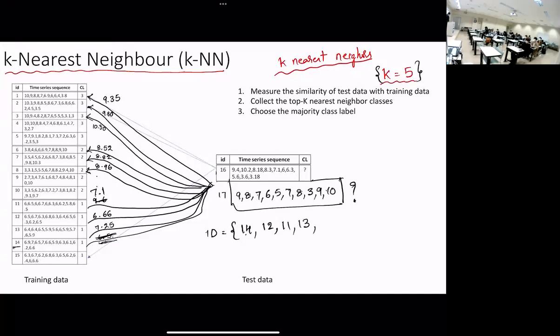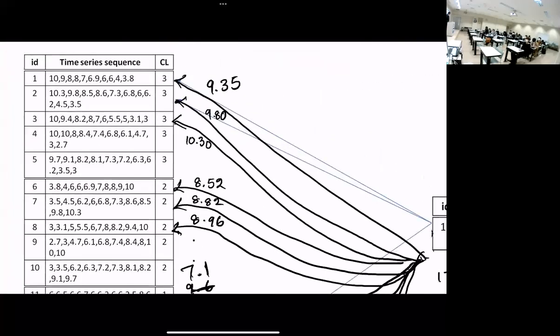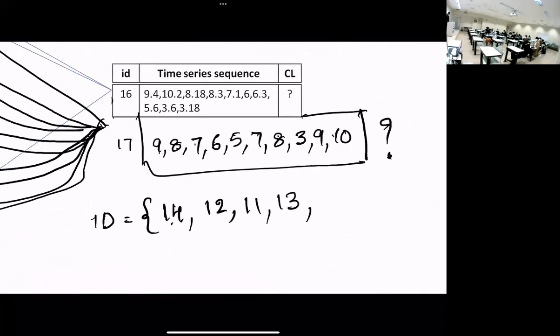What is the next one closest? 7 or 6. Which one is smaller? This is 84, this is 82. This one is the lowest. So 6.